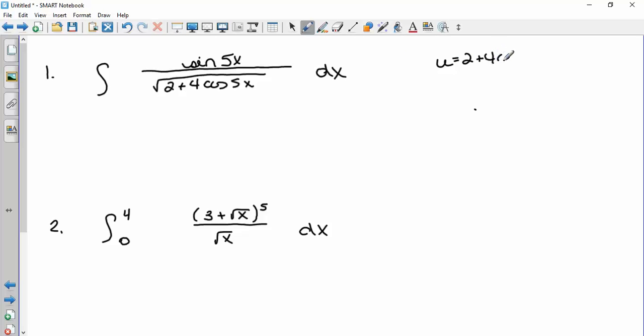Plus 4 cosine 5x. So du, the derivative: the 2 goes away, the 4 would stay. Derivative of cosine is negative sine of 5x, and then you'd also have to multiply by 5, so we get a negative 20 sine of 5x dx for the du.